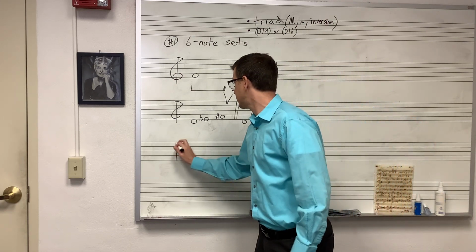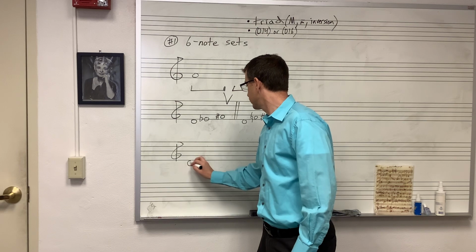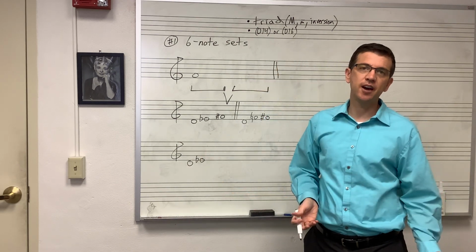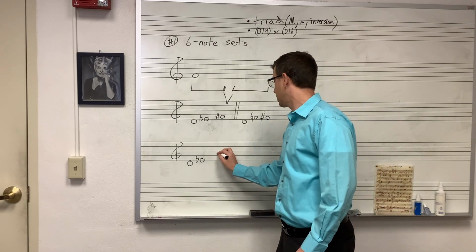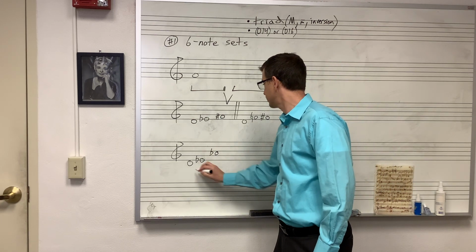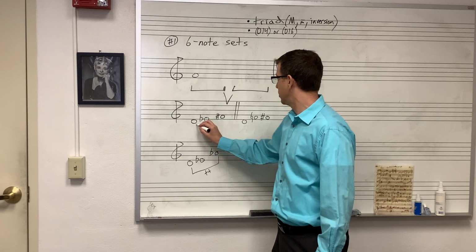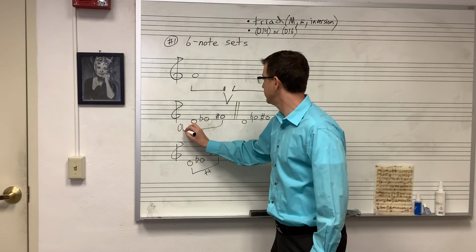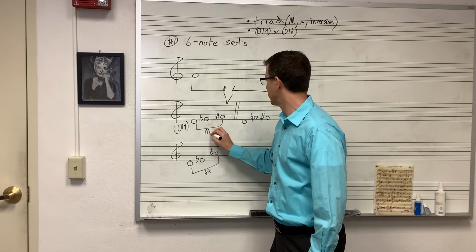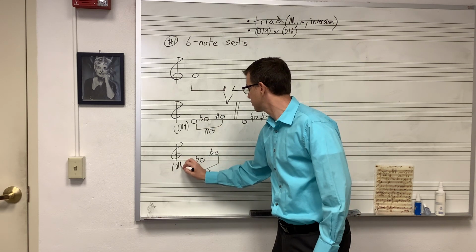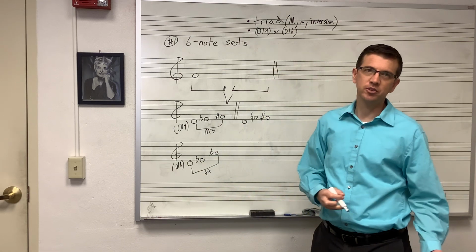A 0-1-6, same idea. 0, 1, and then if we do 6 half steps, that gives us a tritone. So a 0-1-4 has the boundary interval of a major third. The 0-1-6, the boundary interval of a tritone.